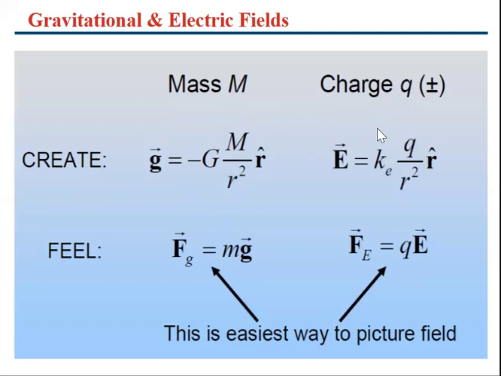For the electric field, we have kq over r squared multiplied by r hat. It's nearly the same form. And the gravitational force is m multiplied by g, and the electric force is q multiplied by E.